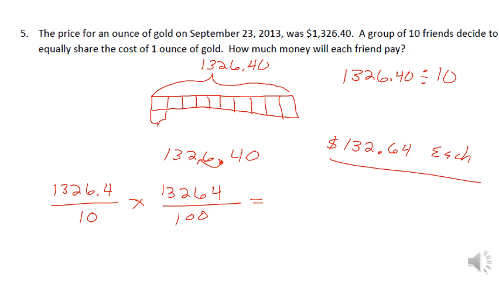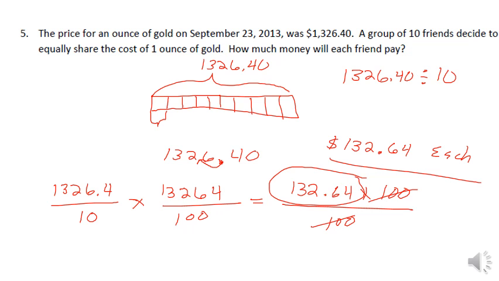Now, if we broke this down, we know this would be 1,326.4 times 10, and under here would be 100. So we cross these out, we end up with the exact same. So in this scenario, it would be more efficient to use our old standard.